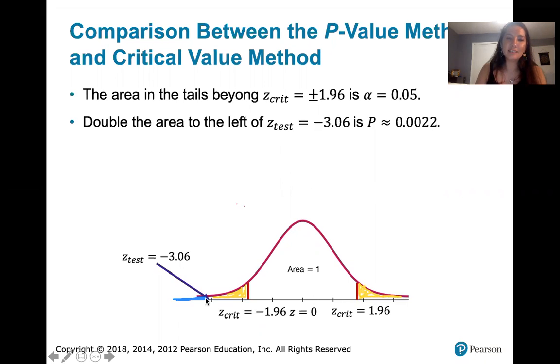And our test statistic corresponds to a p-value of 0.022, which is also an area, but this time the area is this. It's the area beyond z equals negative 3.06. So it's the probability that z is equal to negative 3.06 or less than that, or the probability that we would get the same value but on the other end.